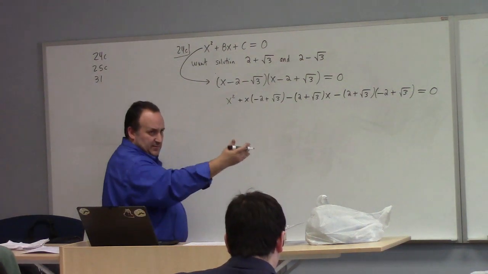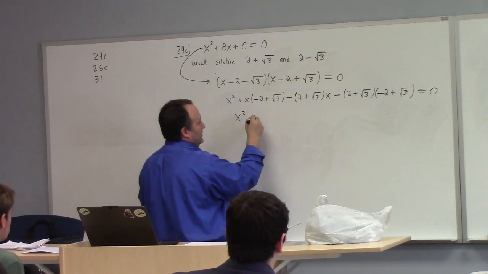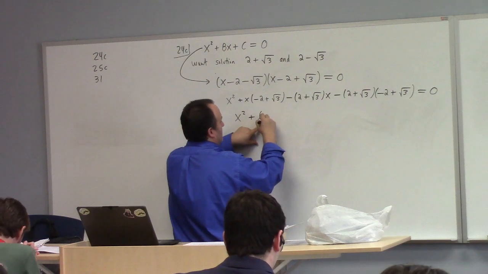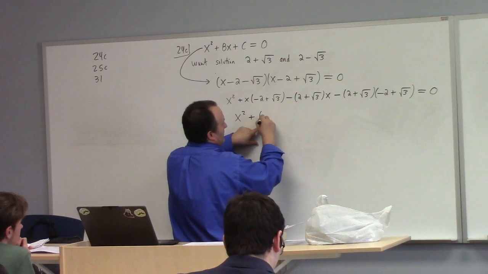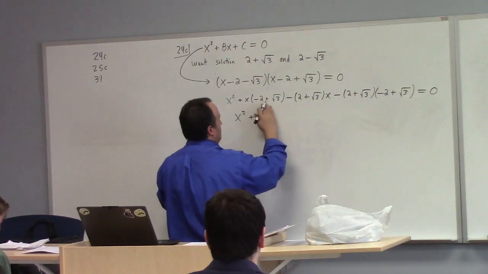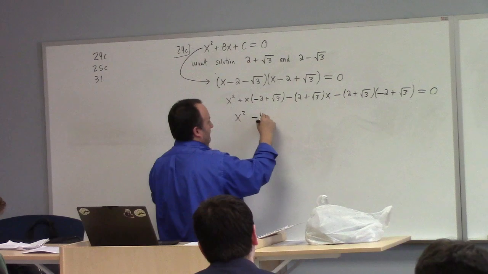And then I can just clean things up. So what I have here is x squared plus, well, this plus and that minus cancel, so I just get minus 4x, I think, right?